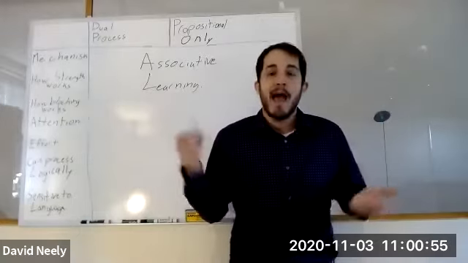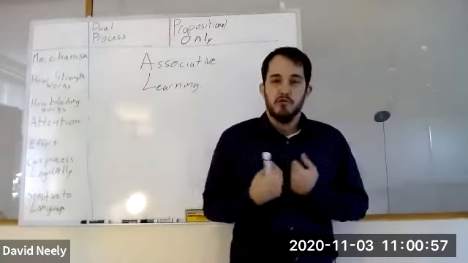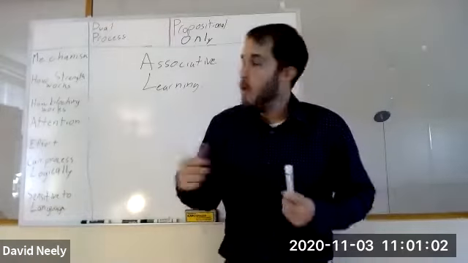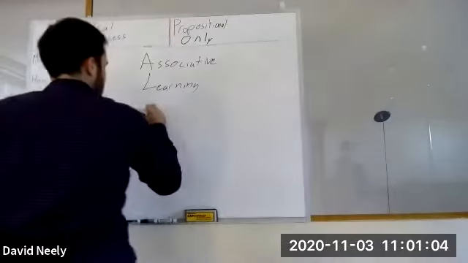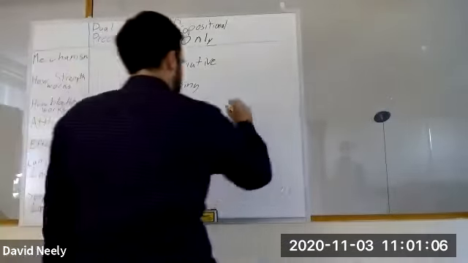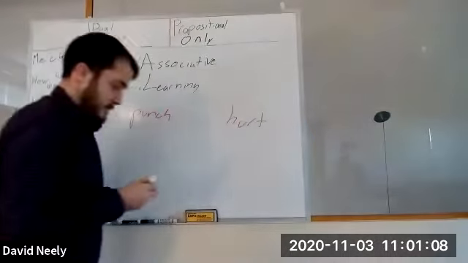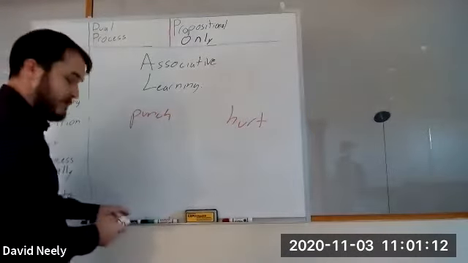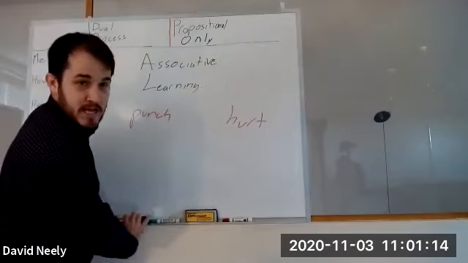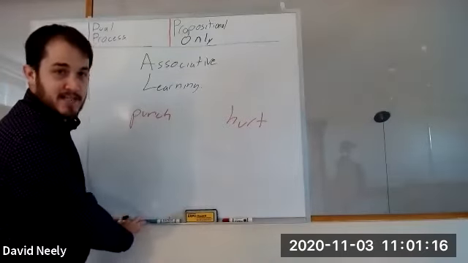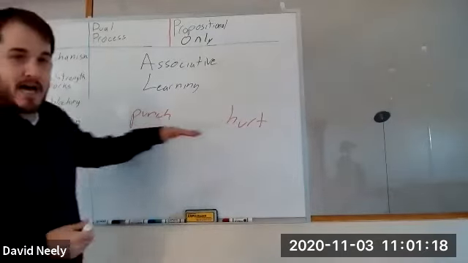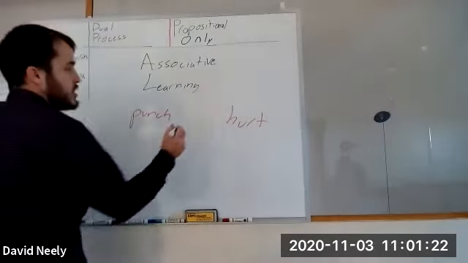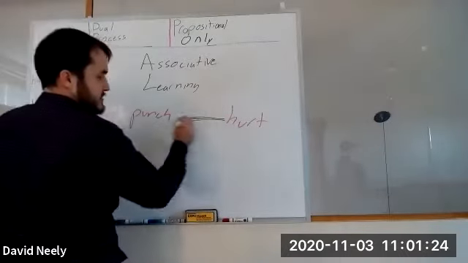So for instance, at some point in your life, you learned that if you punch a wall, it's gonna hurt. So on the one hand, you've got the punch, and on the other, you've got the hurt. And originally, you may not have known that punching a wall hurt, probably as a baby, until you started falling. You didn't realize that these things were connected. And it was only over time that you learned they went together. So this is what associative learning is. You learn that two things are associated together.